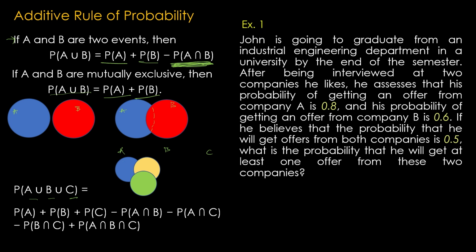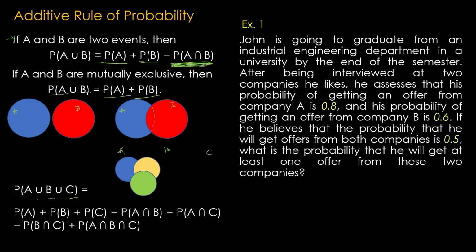For example, John is going to graduate from an industrial engineering department in a university by the end of the semester. After being interviewed at two companies he likes, he assesses that his probability of getting an offer from company A is 0.8.